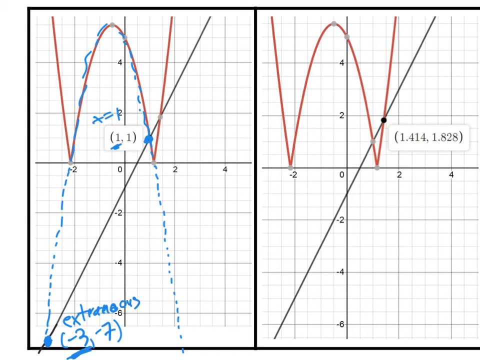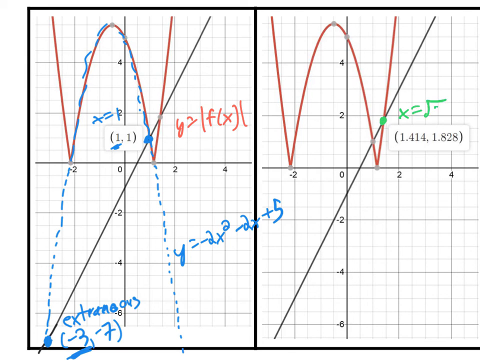It would have been a solution to the quadratic of y equals negative 2x squared, subtract 2x, plus 5. But what happened was, we applied the absolute value function to that quadratic. And when we applied the absolute value function to that quadratic, the part below the x-axis no longer existed, which made that solution extraneous.